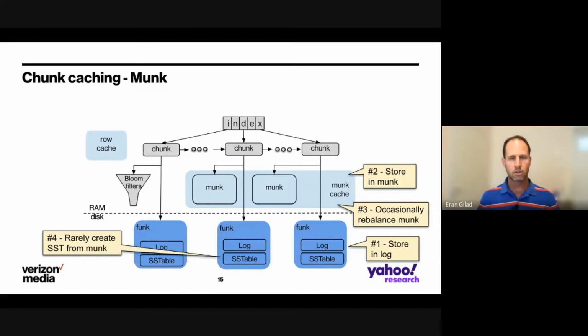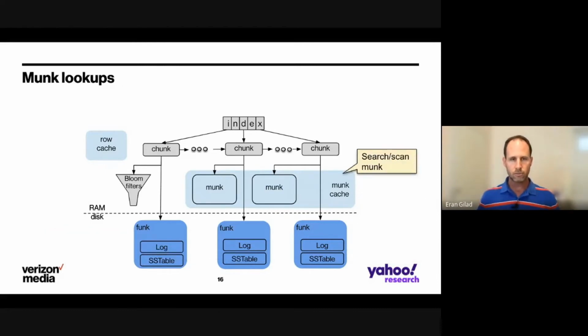Other than that, once we have a munk for a certain chunk, we never search the log, so we don't care if it grows infinitely, but that log occupies disk space, so we want to bound the amount of space that it occupies. So when we search chunks that have a munk, we simply search the munk itself. It's a memory component, and we don't need to do anything else.